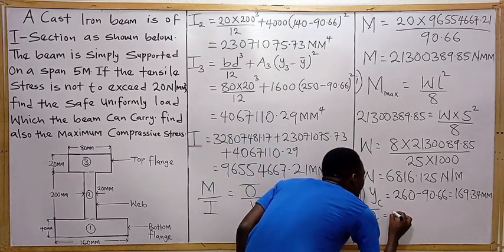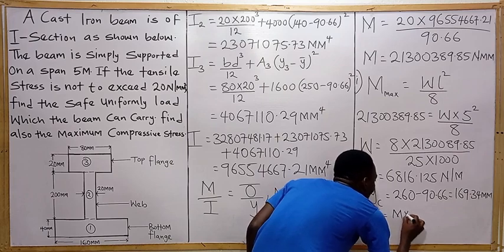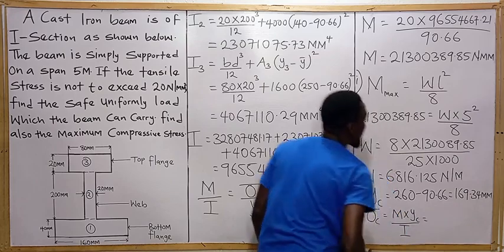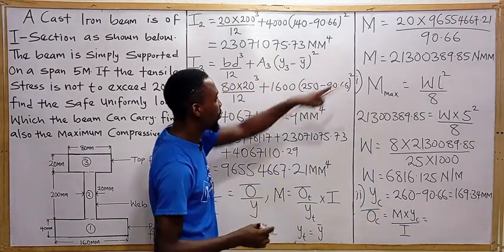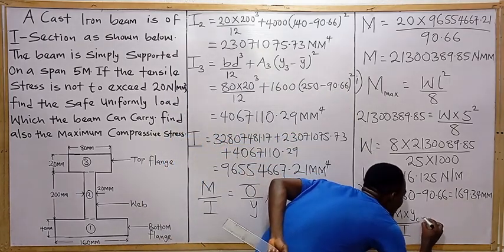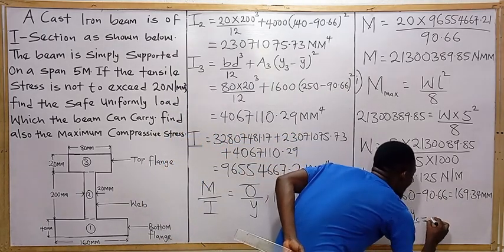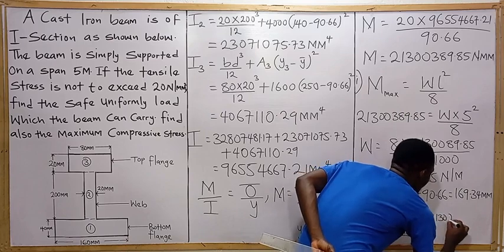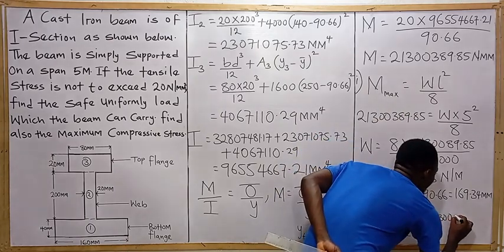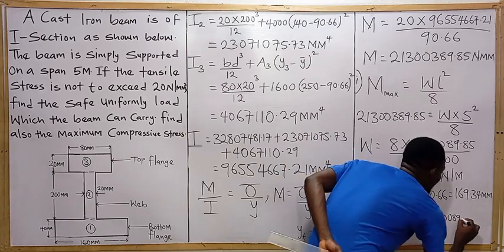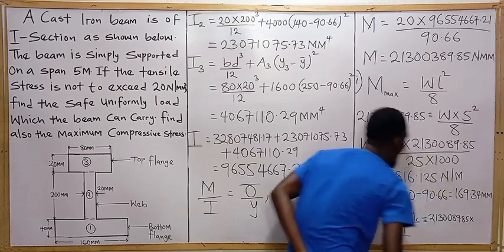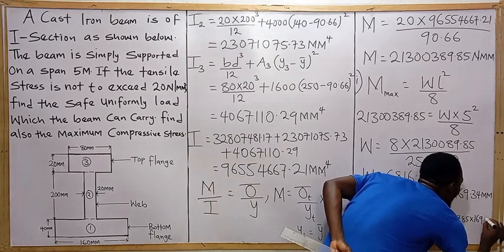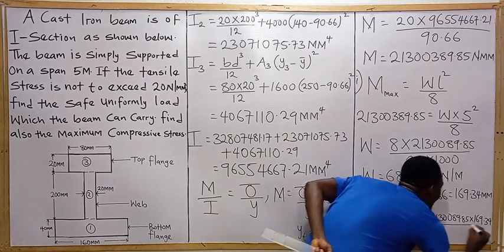So we are going to have this to be M multiplied by y subscript c divided by I. If you substitute now, our M is going to be the same as what we have here, which is 300 89.85. Then multiply by our y subscript c, which is 169.34. Then divided by our I.